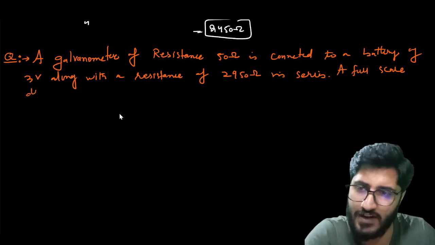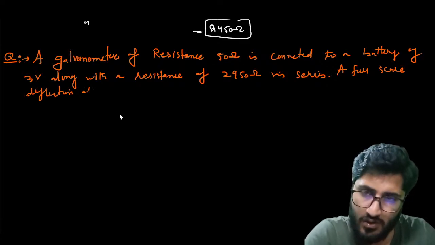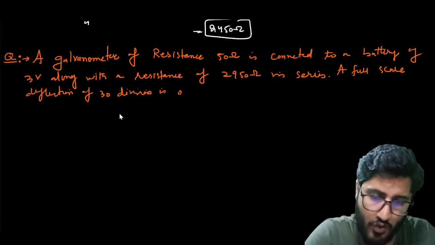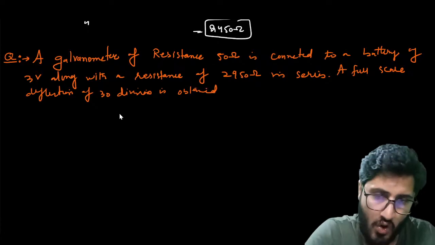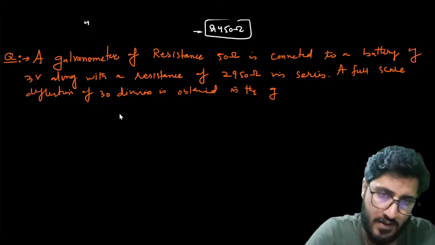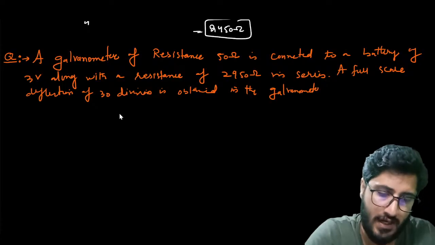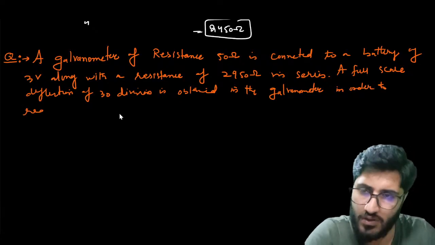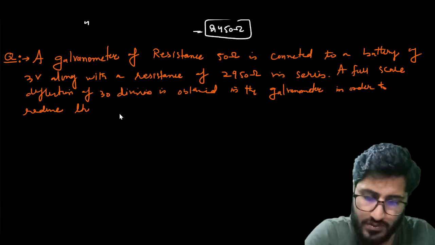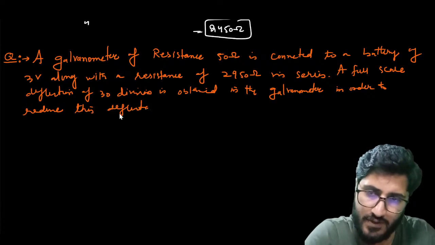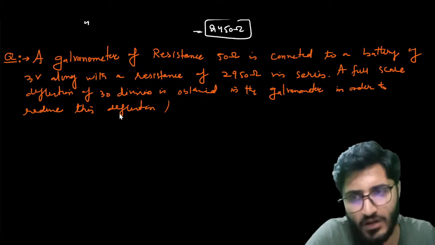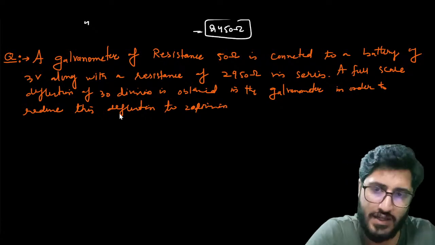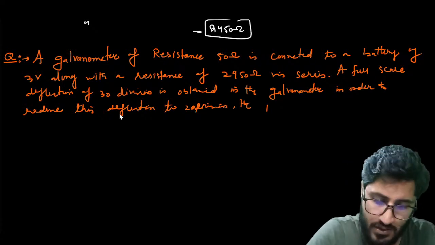A full scale deflection of 30 divisions is obtained in the galvanometer. In order to reduce this deflection to 20 divisions, the R value should be.